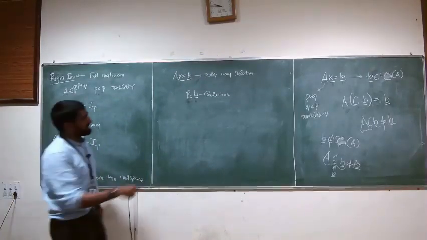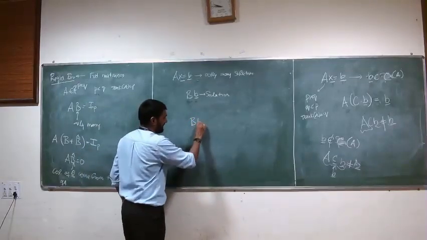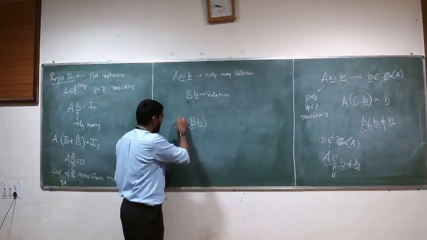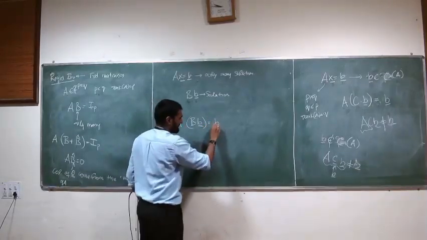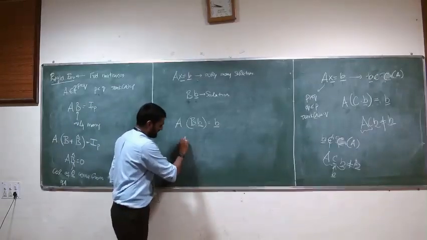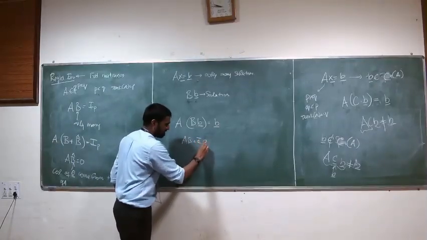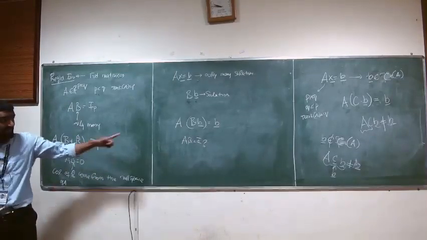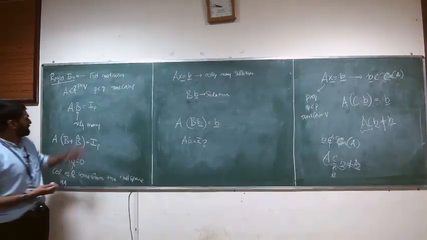In fact, if you take B times b, you get some x, and I multiply it by A, I get b. Is AB equal to I now? In this case, it is, because it's a right inverse.